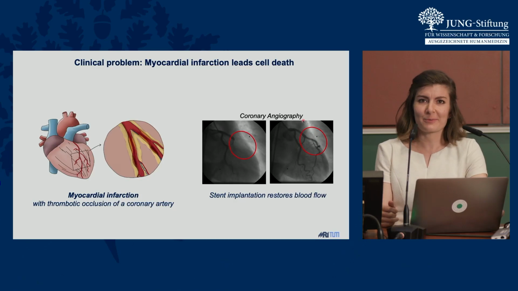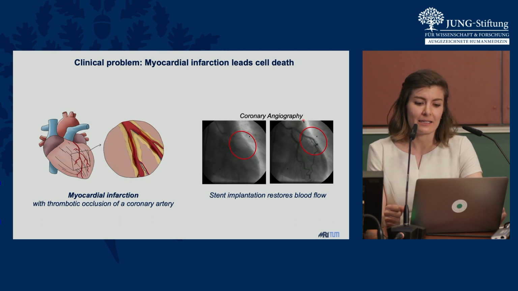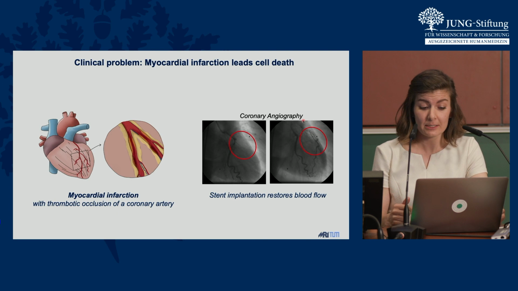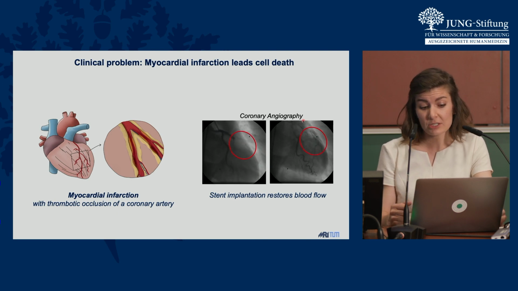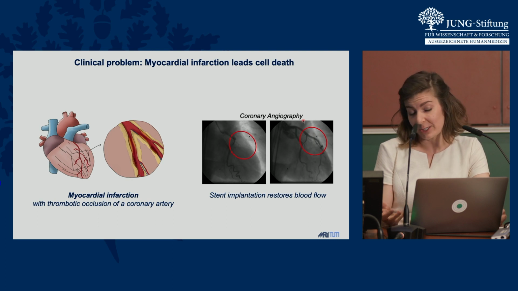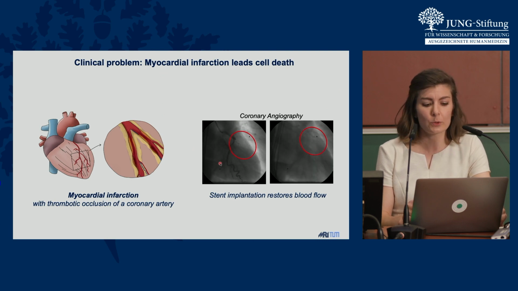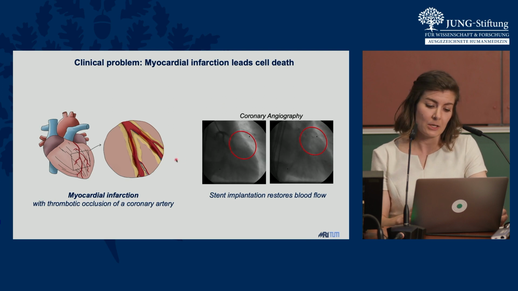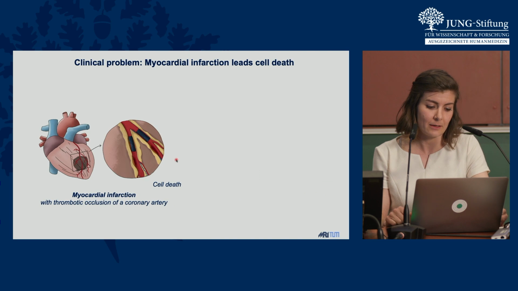So coming from a clinical perspective, the most common clinical scenario where we would need cell therapy to replace damaged heart and repopulate native myocardium is when a patient presents with a myocardial infarction. Thereby, the patients typically present with a thrombotic occlusion of a coronary artery, which we can treat with a stent implantation, and we restore the blood flow again.